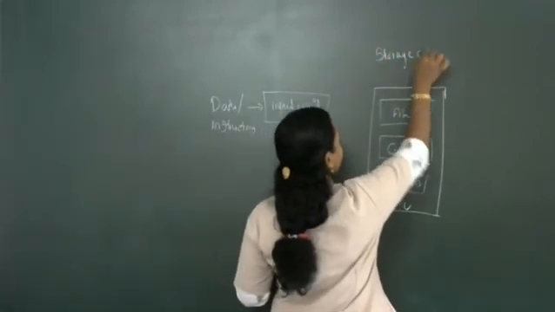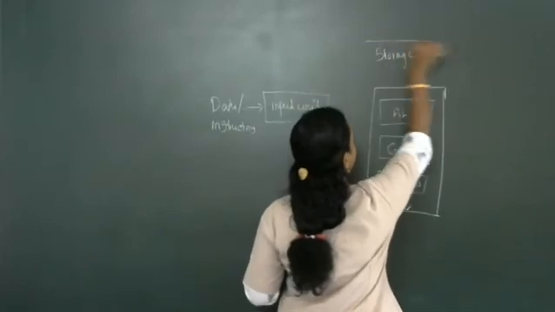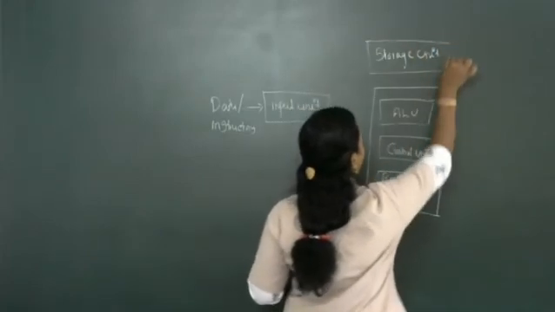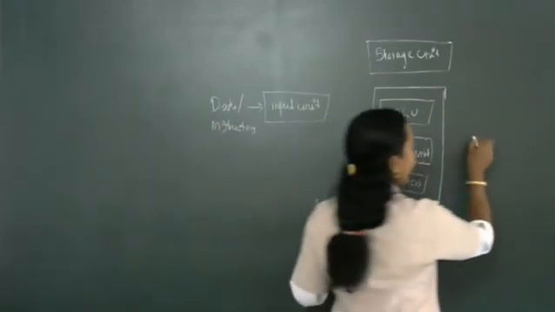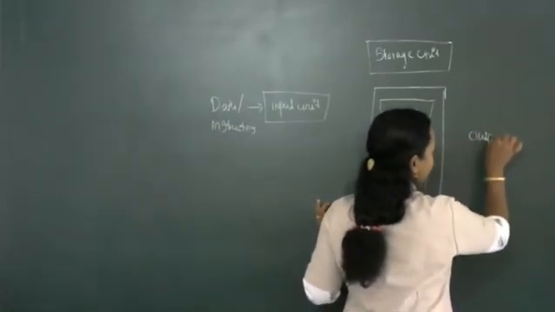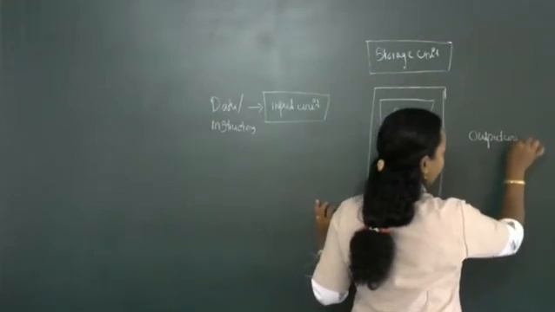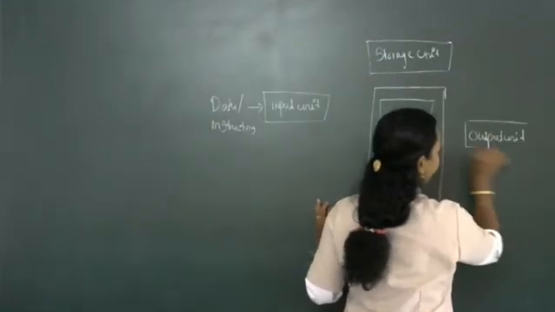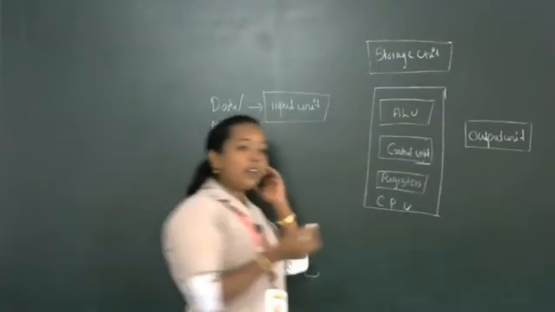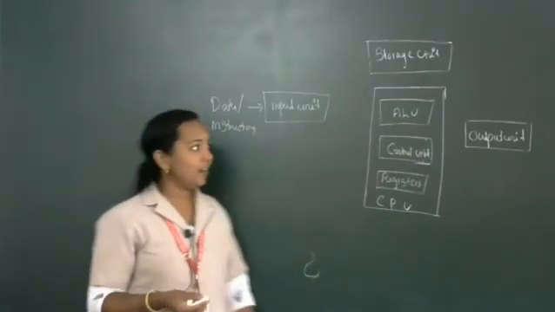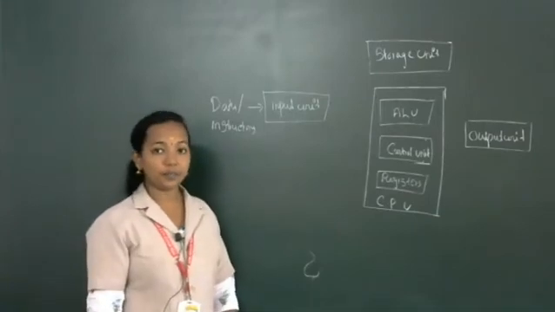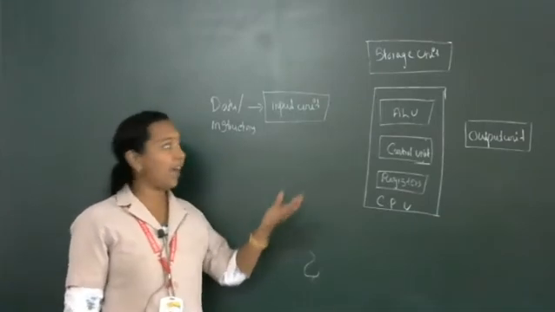The next unit is the storage unit. Then one more unit is present, the output unit. Then here something is missing. All the units I have already given, but the arrow marks are missing. So how do we give the arrow marks?